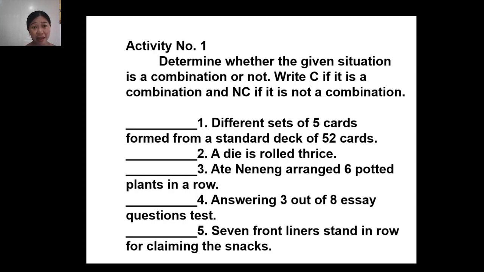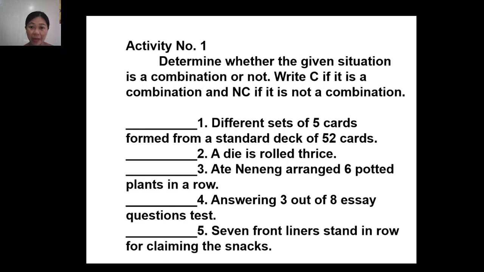Now let's proceed to the activities that you need to answer under this module. So we have 3 activities. I will explain to you activity number 1. For activity number 1, you are going to determine whether the given situation is a combination or not. Write C if it is a combination and write NC if it is not a combination. You are going to consider the definition and the illustration of what a combination is in order to answer this activity correctly.